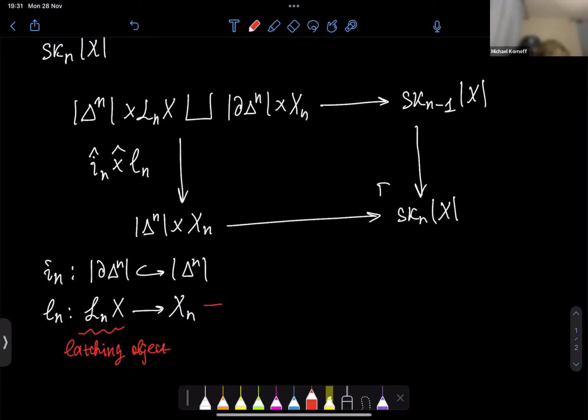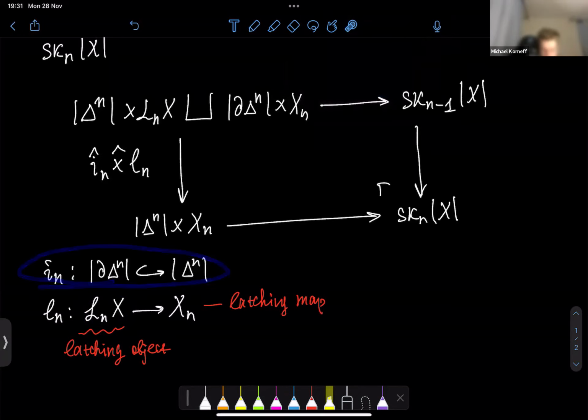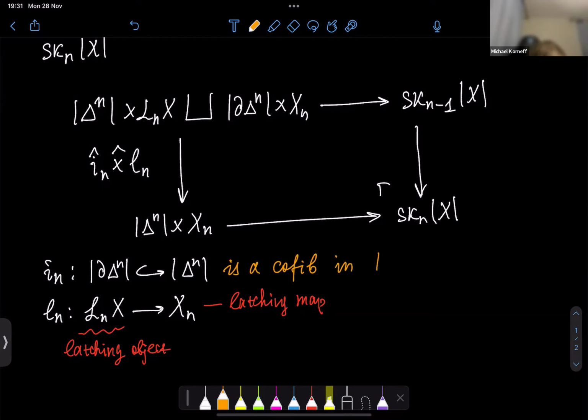And this is a latching map. Okay, and we notice that this inclusion in Top is, of course, a cofibration. And also this latching map is also a cofibration.